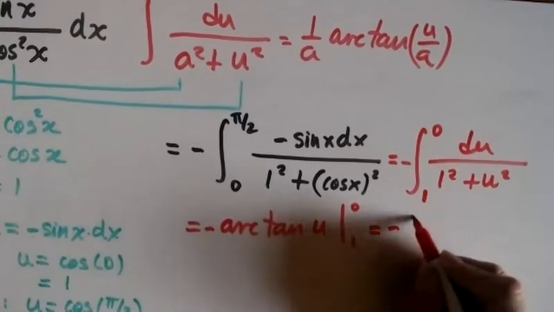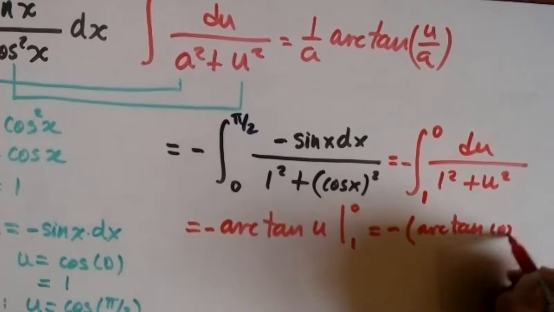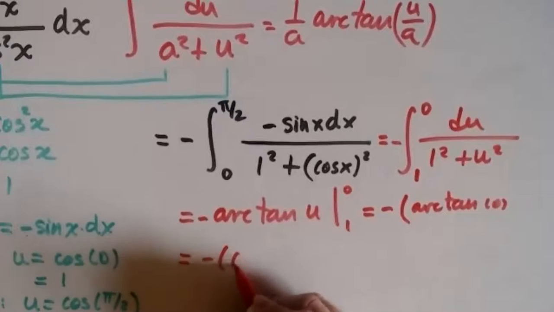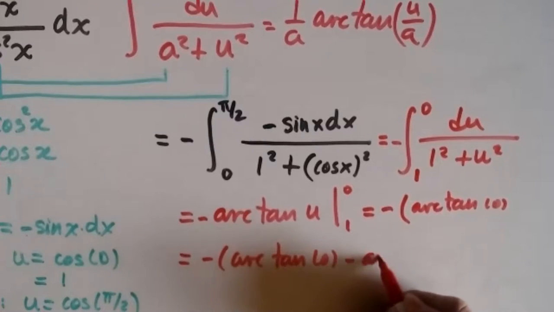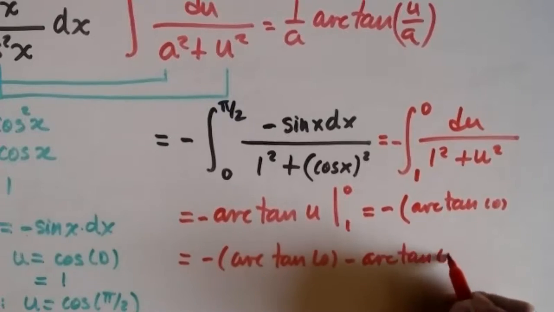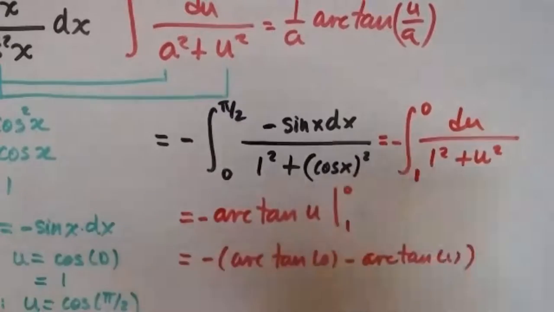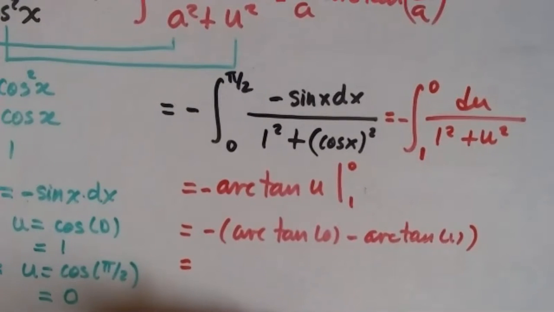So this is negative the arc tangent of 0. Now, let me just put it right here. Equals negative the arc tangent of 0 minus the arc tangent of 1. So I have to remember what is the arctangent of 0. Okay. Again, magic table right here.